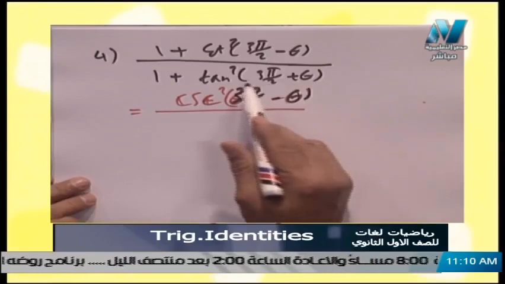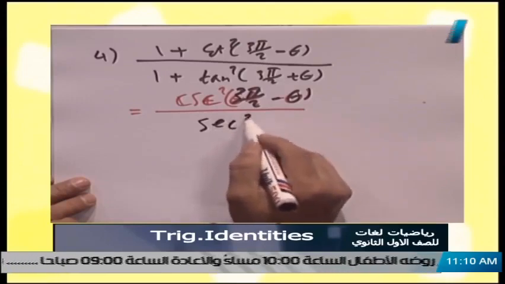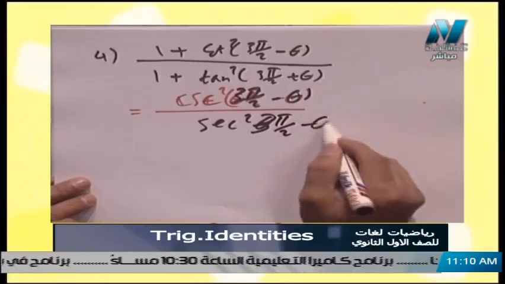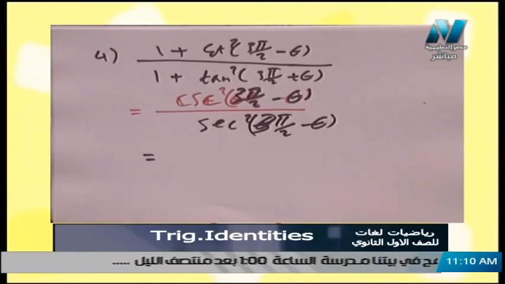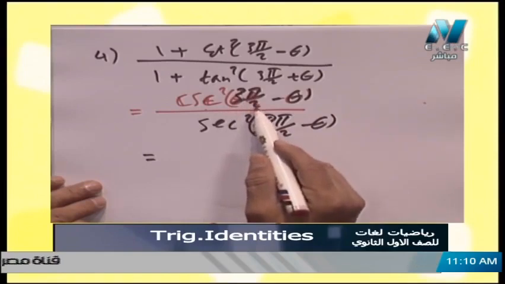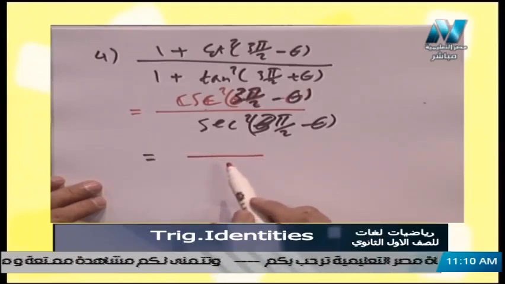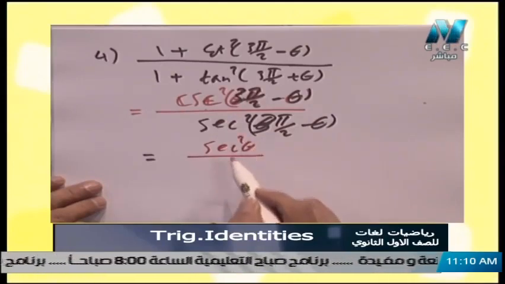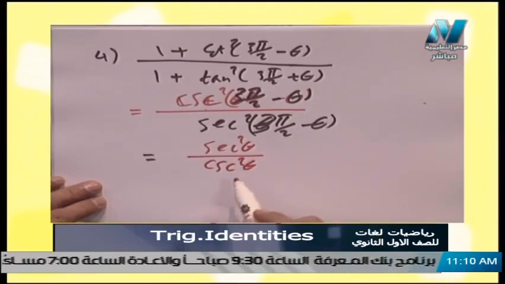Since 3 pi over 2 is like pi over 2, 270 degrees, it changes the function. So the numerator will be sec power 2 theta and the denominator cosec power 2 theta.